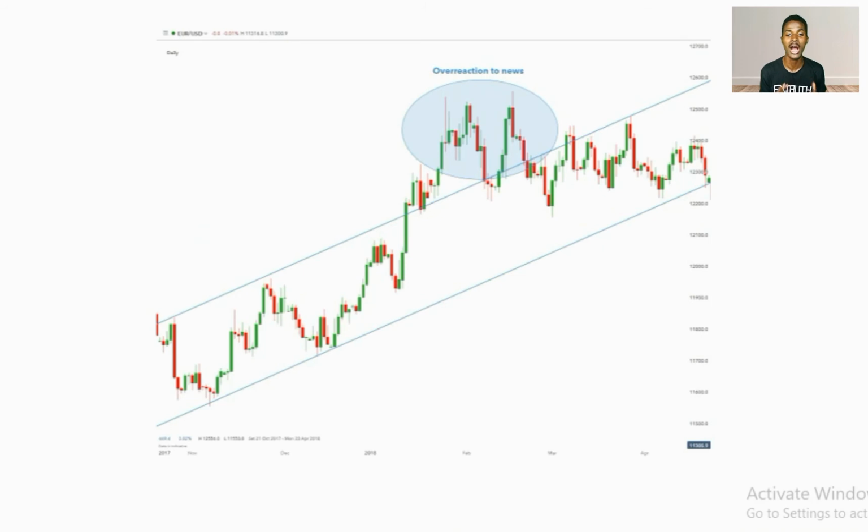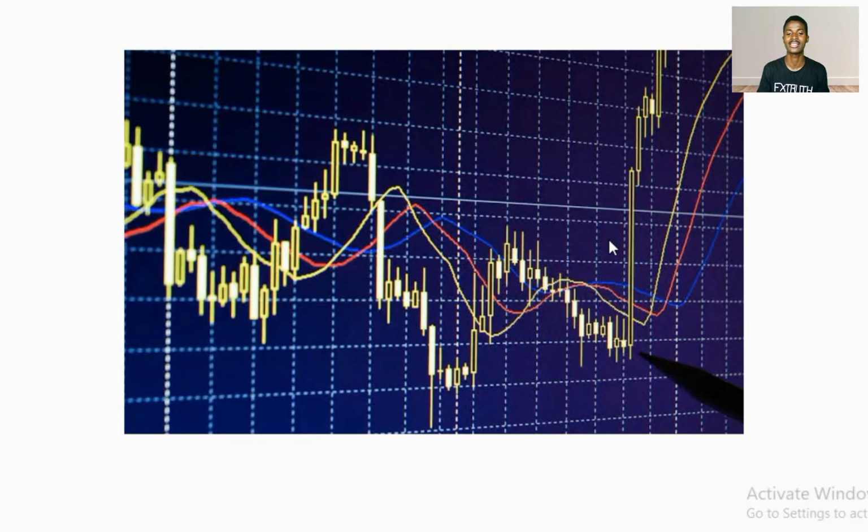This is an example of how a technical analysis chart will look like. You can see here the trend line going up, a trend line channel going up. This is another example of how a technical analysis chart will look like. You can see the moving averages. It could be the 5, 10, and 20.